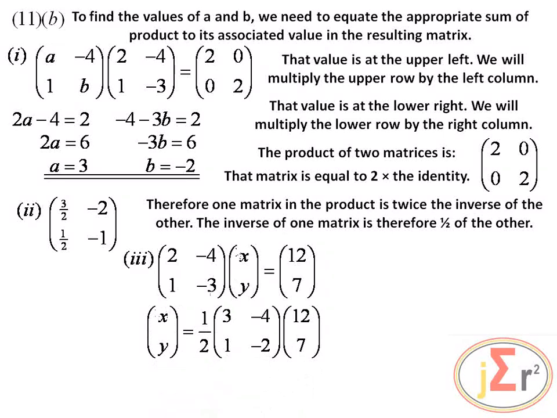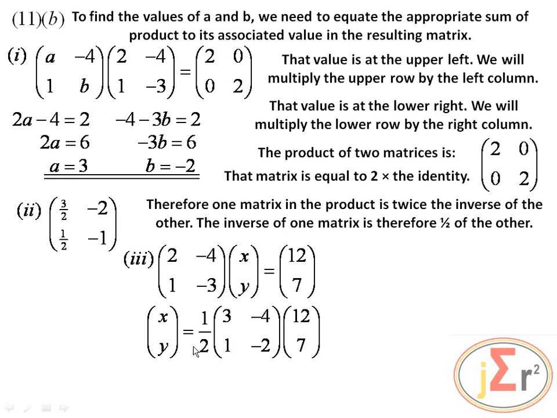Therefore, we have x, y equal to the inverse of this matrix multiplied by 12, 7. However, we did not want to manipulate it with the fraction, so we just took the half outside for now, and then use 3, 4, 1, negative 2, and take the half outside, just to avoid manipulating the fractions too early.